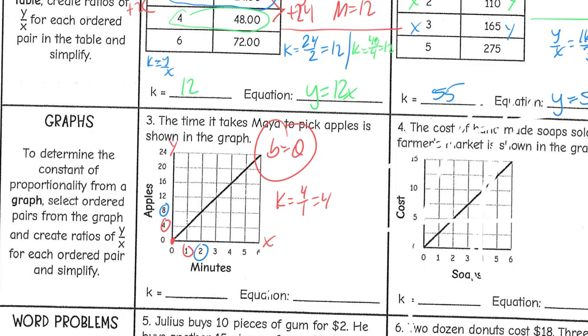Or 8 over 2. k would be 8 over 2, which is 4. So this point was here, and this point was there. So k is 4. y equals 4x.